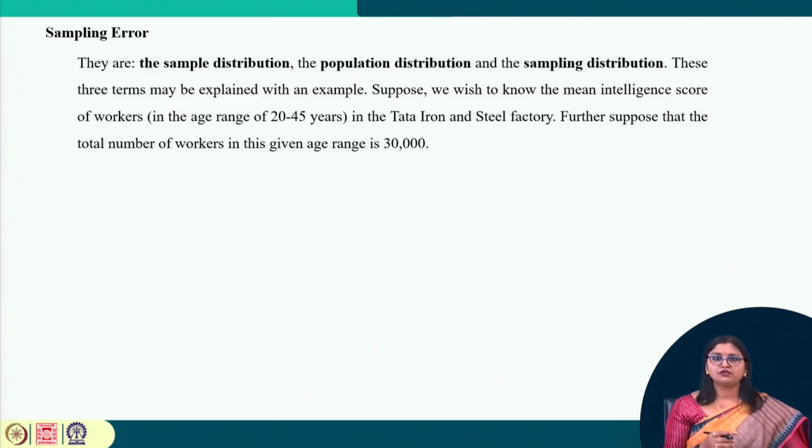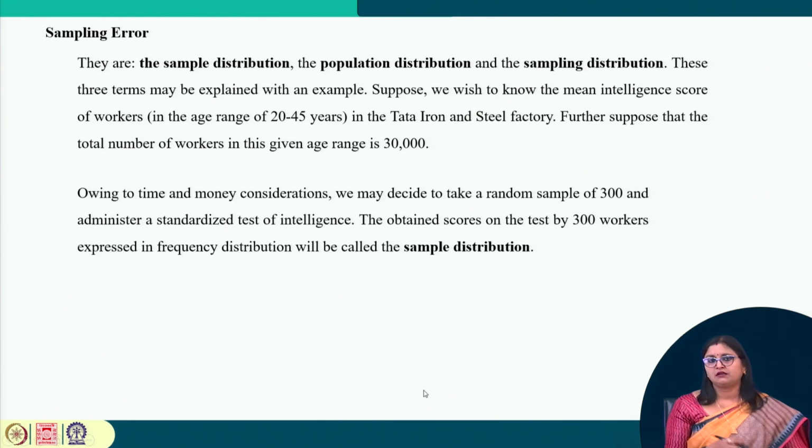Suppose we wish to know the mean intelligence score of the workers in the age range of 20 to 45 years in the Tata iron and steel factory or any other factory. Further, suppose that the total number of workers in this age range is 30,000. Owing to time and money considerations, we may decide to take a random sample of 300 and administer a standardized test of intelligence.